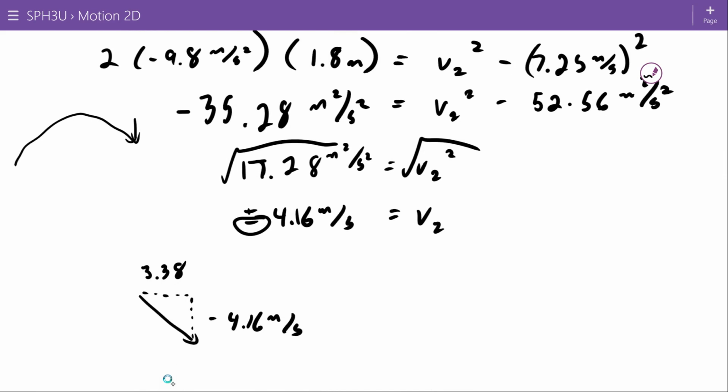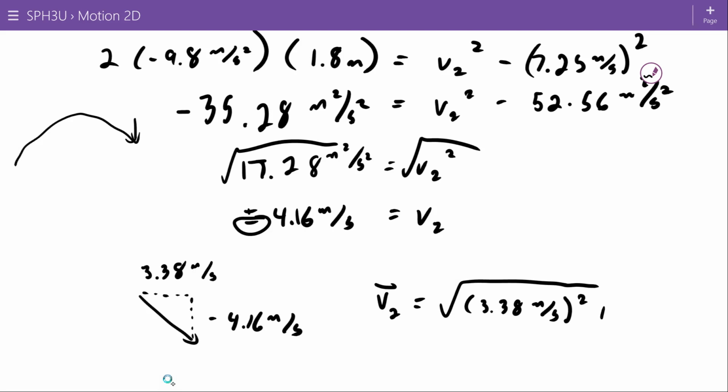So I can use my Pythagorean resultant. And I can put the negative on this.